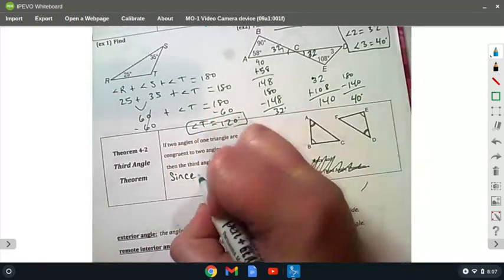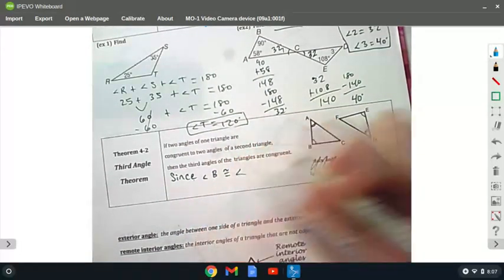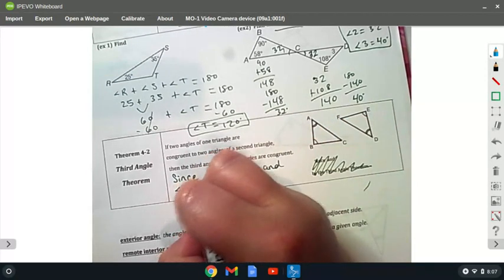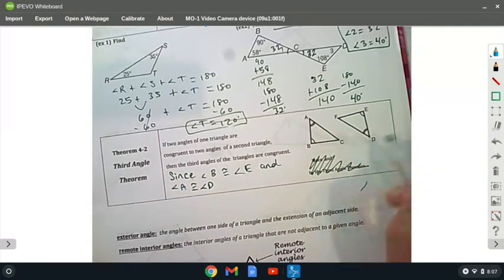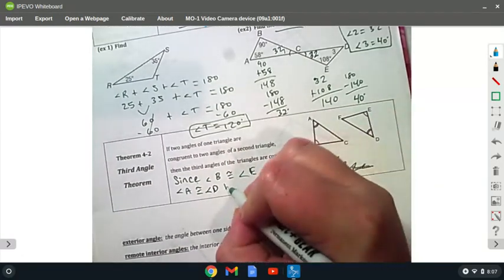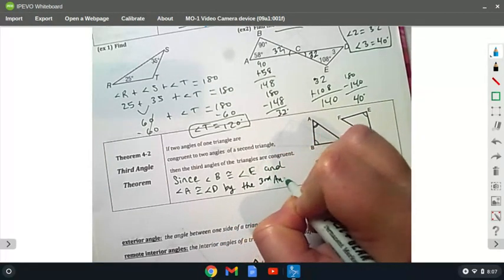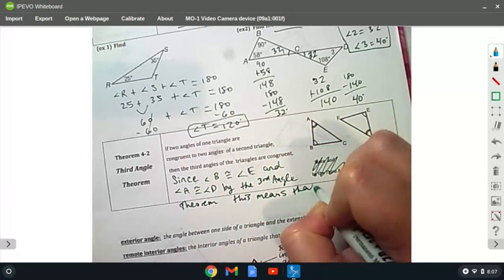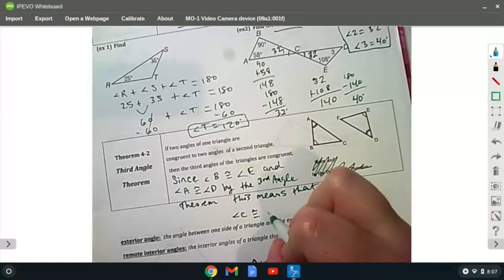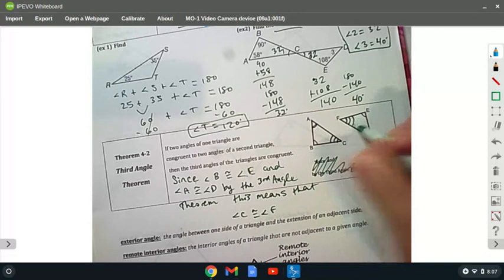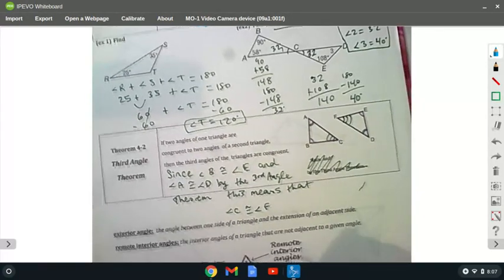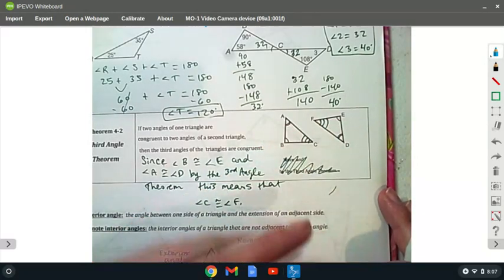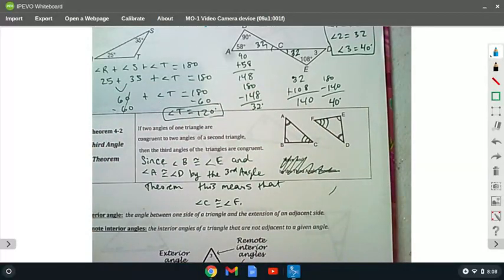Since angle B is congruent to angle E, and angle A is congruent to angle D, and we know that because of the tick marks, by the third angle theorem, this means that angle C should be congruent to angle F. So these have to be congruent because the other angles were congruent. I must have a congruent triangle.